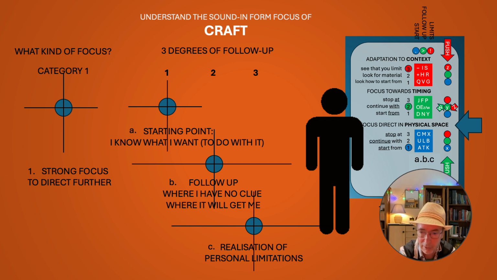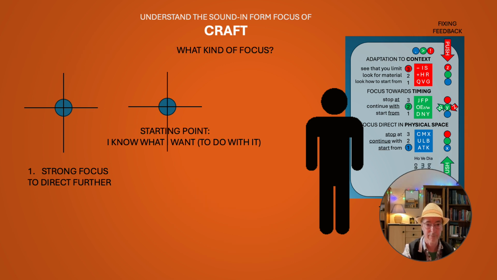Because I'm starting to realize that it has a lot of limitations. It is not a very good starting point. It's immediately confronting me with my personal limitations. So it is a different kind of attention that it asks from me upon that choice. Which one of these three is it?